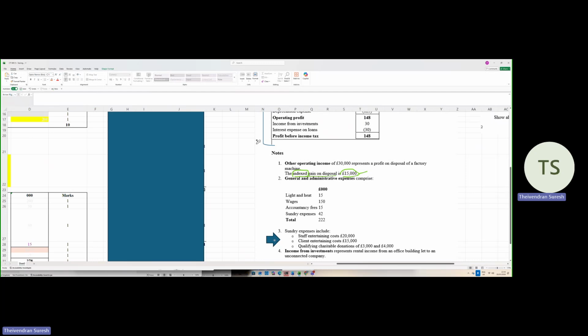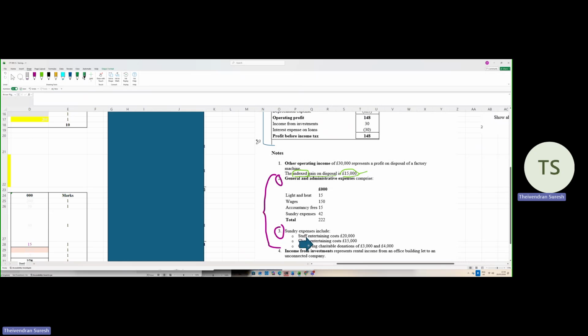Again, these two items are related. The next two items are much easier if I use a pen. These two items, note number 2 and note number 3, are related to the trading profit, except for one item.